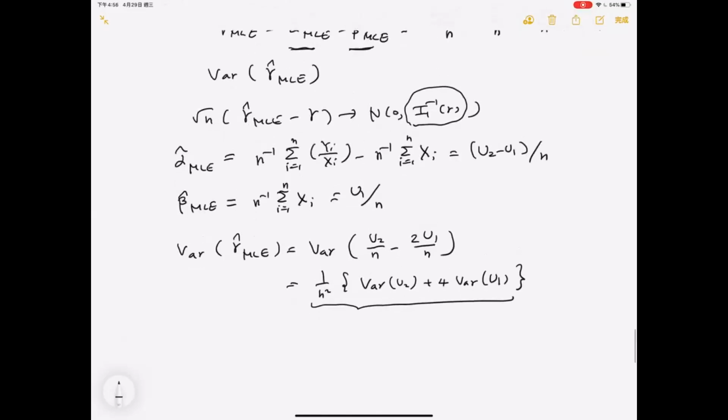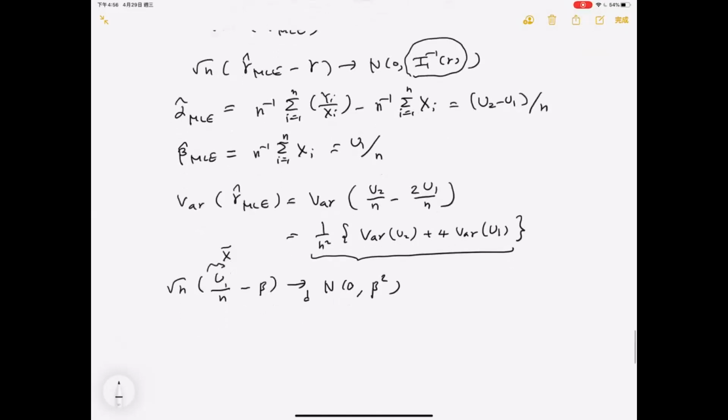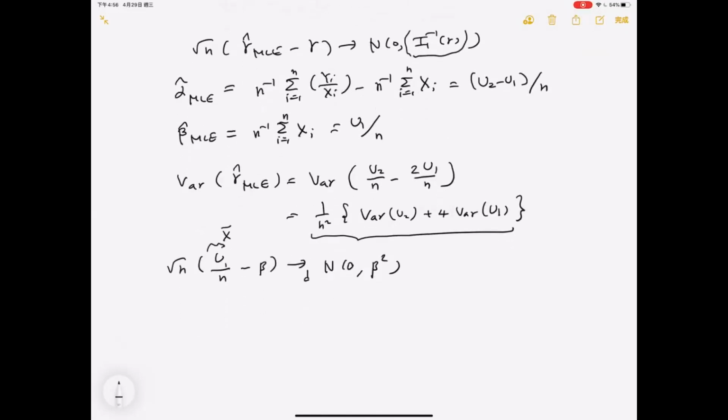Another easy way to see that is I can write down root n times U1 divided by n minus beta goes in distribution to normal 0 with variance beta squared, because U1 is the summation of xi and this guy is x bar. Based on the sample property of x bar, minus beta.